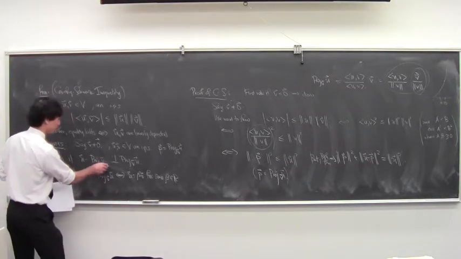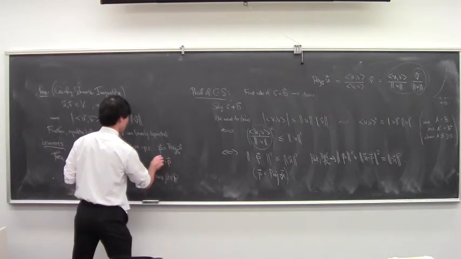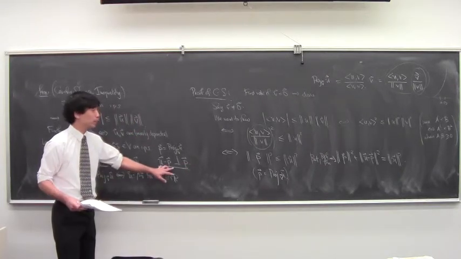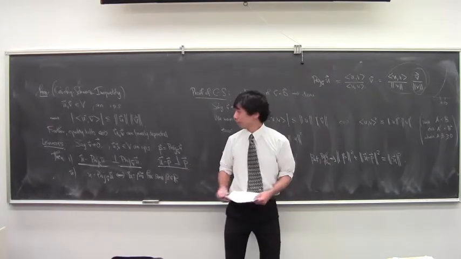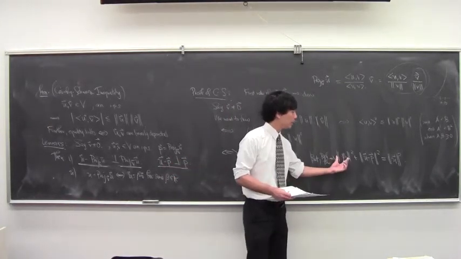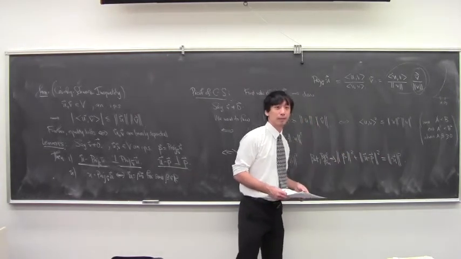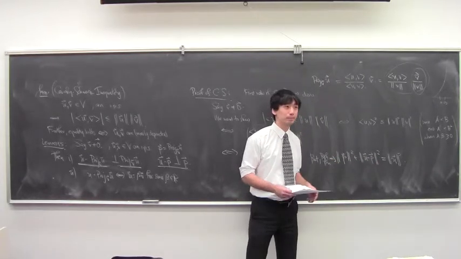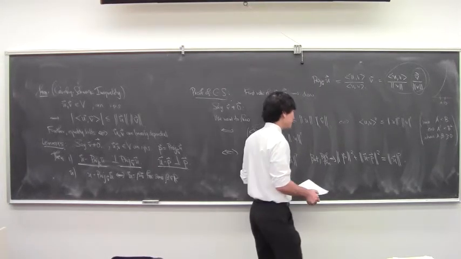What we have here is that u minus the projection is perpendicular to the projection, and so by the Pythagorean theorem, if these are perpendicular, then p squared plus u minus p squared is equal to u squared. A squared plus b squared is equal to c squared.